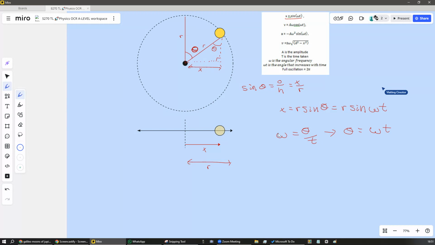Essentially, whenever we look at a simple harmonic motion system like this, we are imagining that it's actually moving in some imaginary circle. And if it was moving in an imaginary circle, what angle has it got to by whatever point?